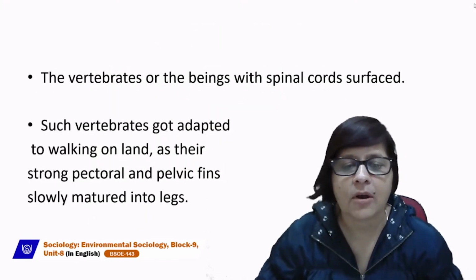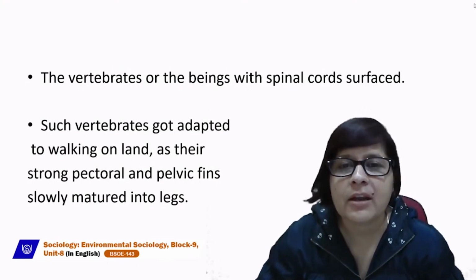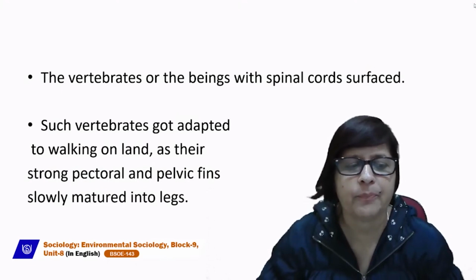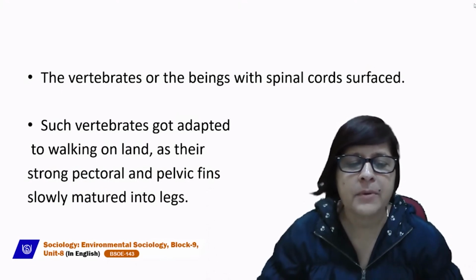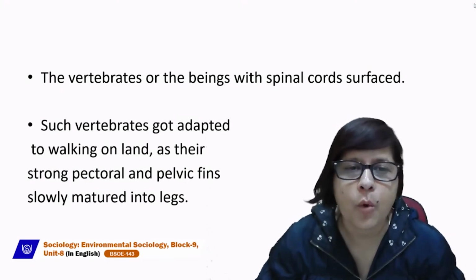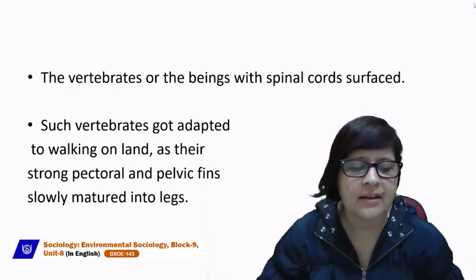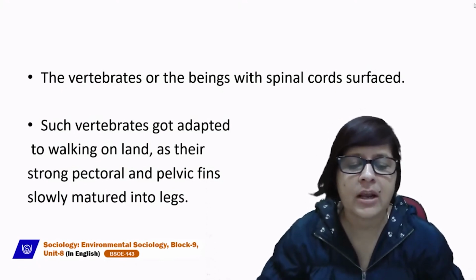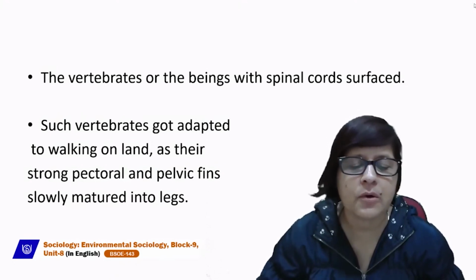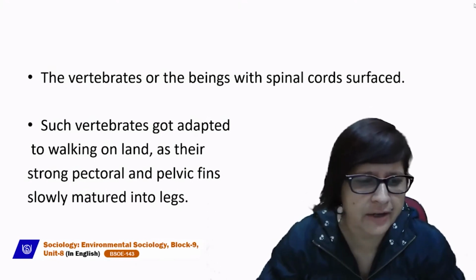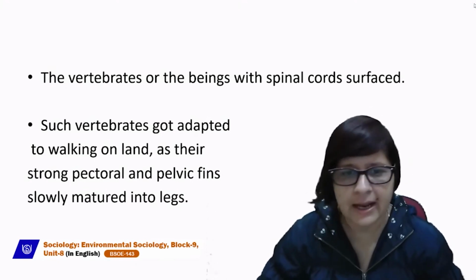The vertebrates, beings with a spinal cord, surfaced during the Devonian period. Vertebrates got adapted to walking on the land because of the spinal cord, and their strong pectoral and pelvic fins slowly matured into legs. So they started walking on the land.